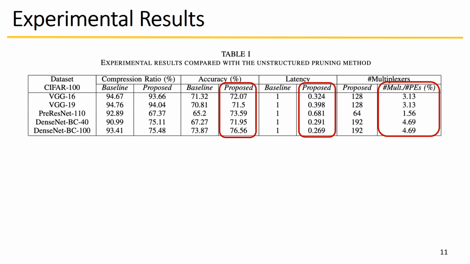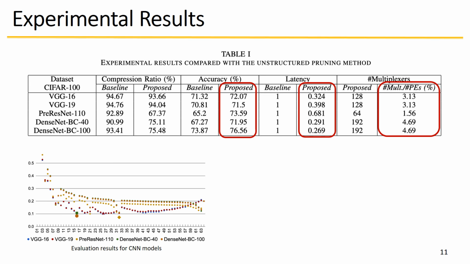The number of multiplexers to achieve systolic array multiplexing and the ratio between the number of multiplexers and the total number of processing elements are shown in the last 2 columns. It is clear that the cost of the inserted multiplexers is trivial for the total hardware cost. Left bottom figure shows the evaluation results of all block combinations for each convolutional neural network in the 64 × 64 systolic array.